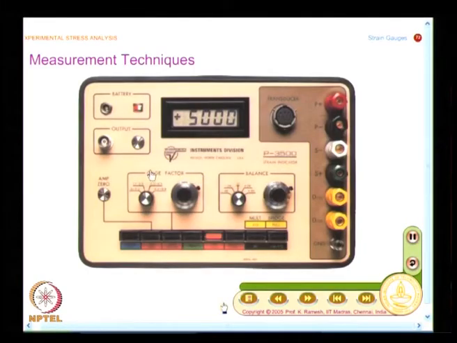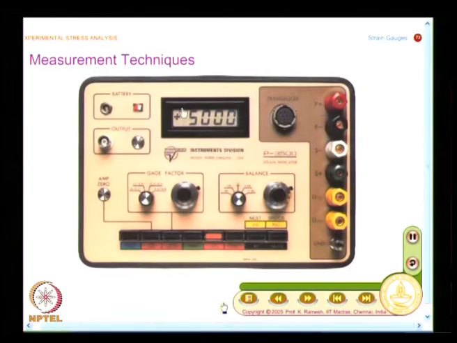So, you have a knob specifically available in the strain gauge meter to set the gauge factor, and you also have another set of knobs for you to adjust the initial balance. When you start, the bridge has to be balanced, and you will have some provision in the strain gauge meter to account for this imbalance. Beyond a point it cannot balance. If the imbalance is more, we will see how the imbalance can be more.